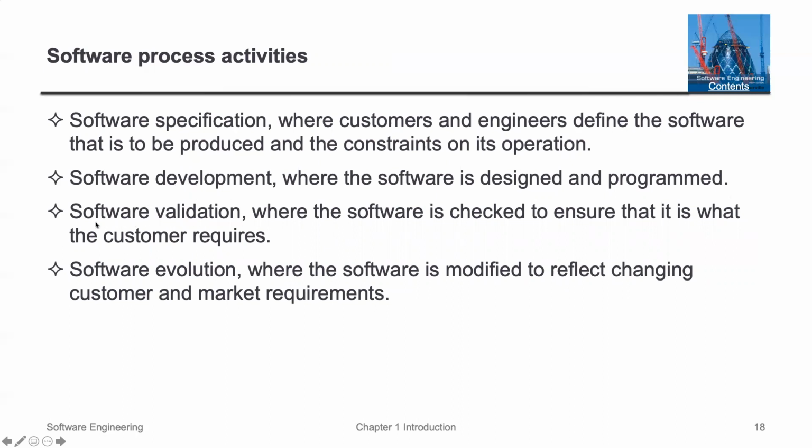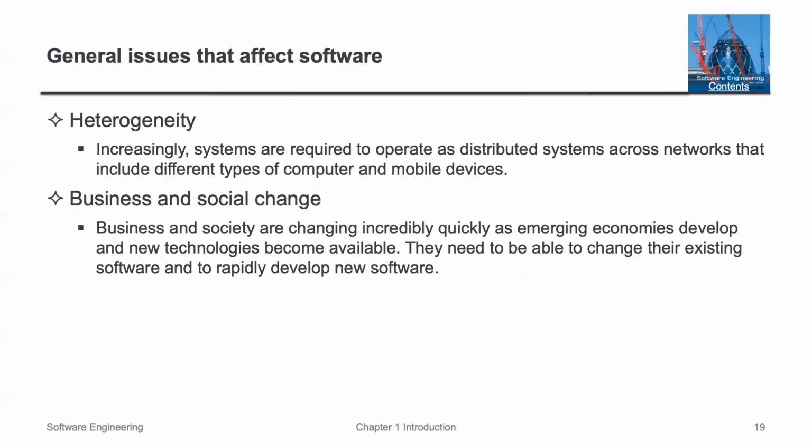After that, the next step is validation. This is where the software is checked to ensure that it is what the customer requires. Does it meet what the specification has asked for? And finally, if there is some type of evolution that is required, this is where the software is modified to reflect changing customer and market requirements. So you want it to be something that can be agile and adaptable as things go forward.